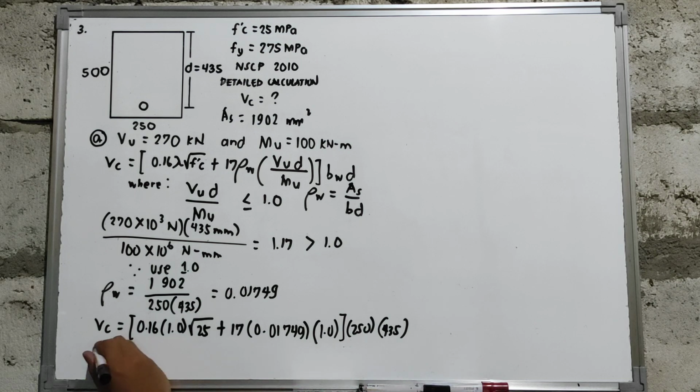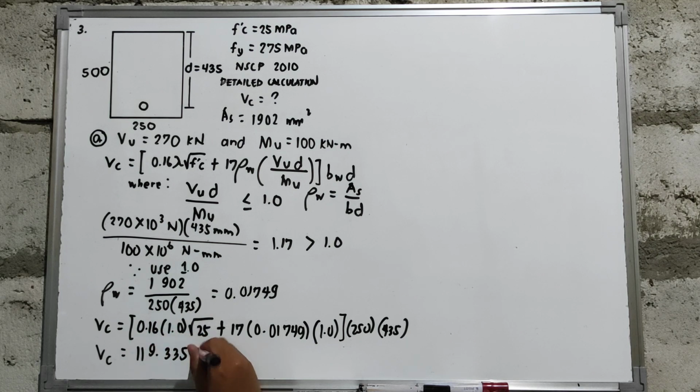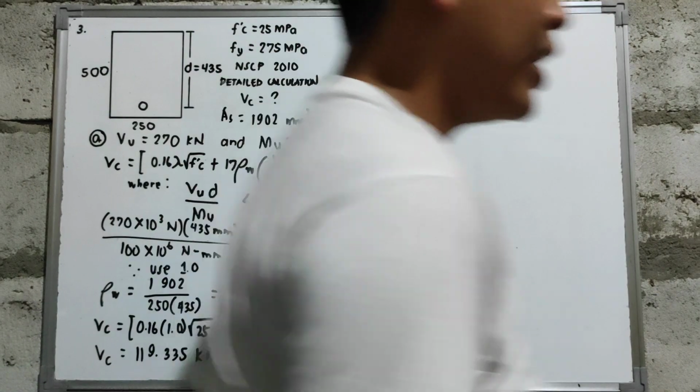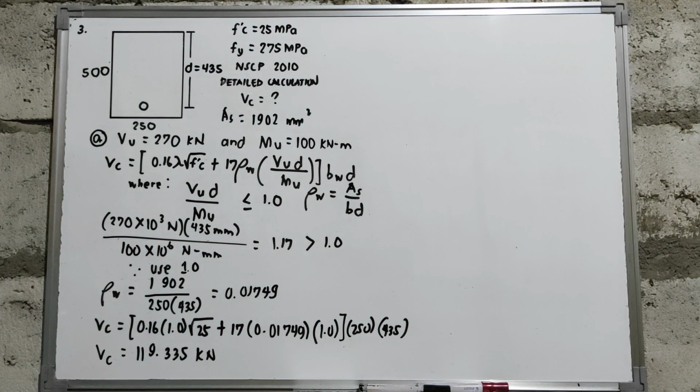So you have a value of your Vc which is equal to 119.335 kilonewton.